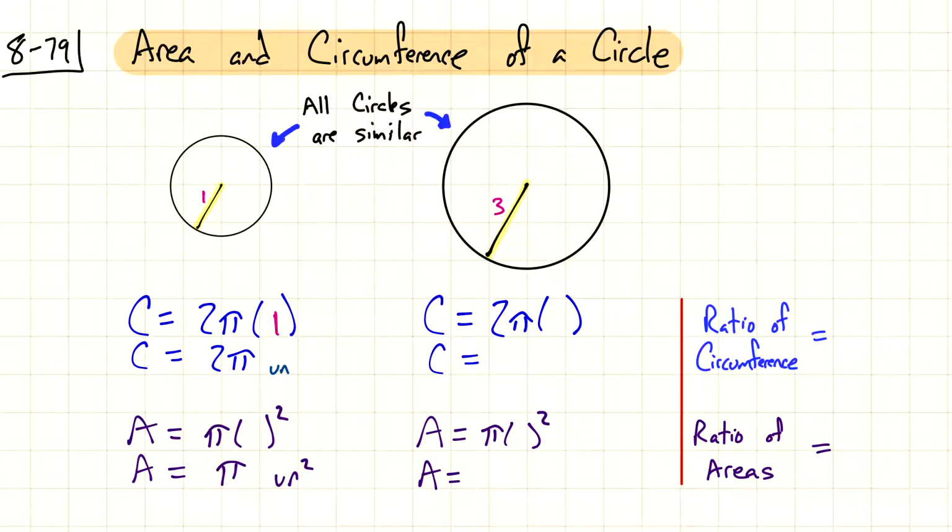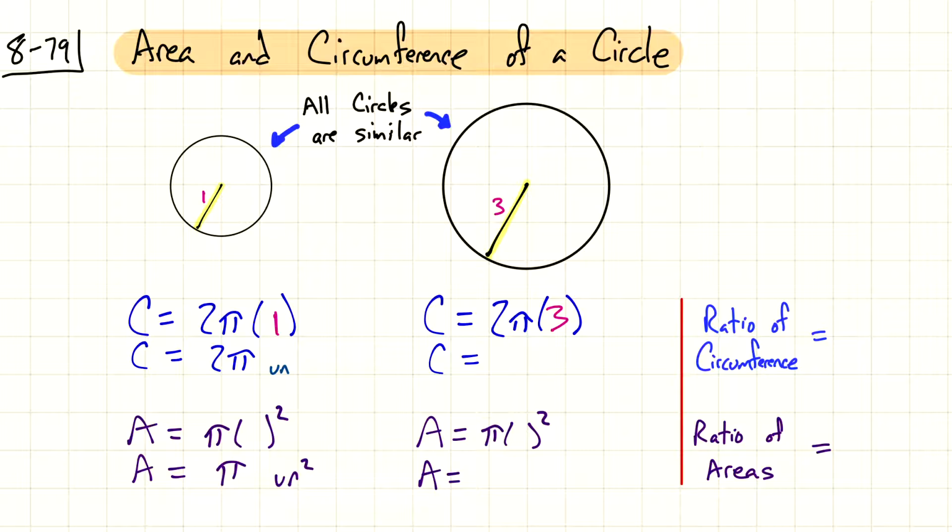Since this circle is always going to have a radius of 1, really all I need to know is what this measurement is. So that 3 is the 3 I'm going to put here.